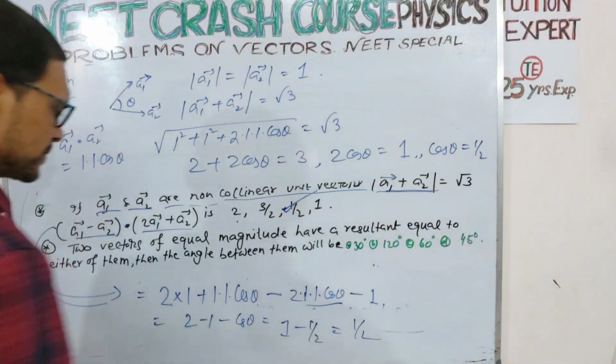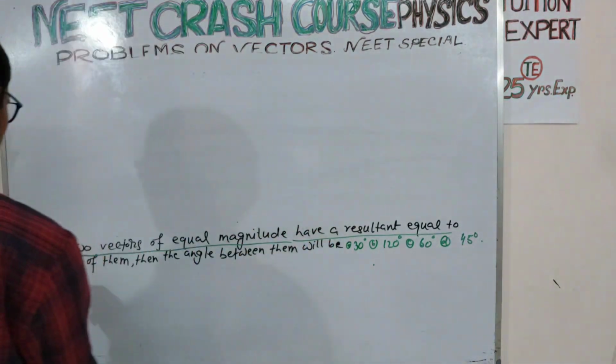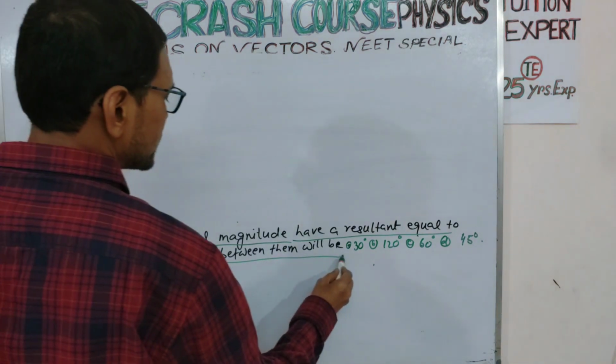Two vectors of equal magnitude have a resultant equal to either of them, then the angle between them will be what?